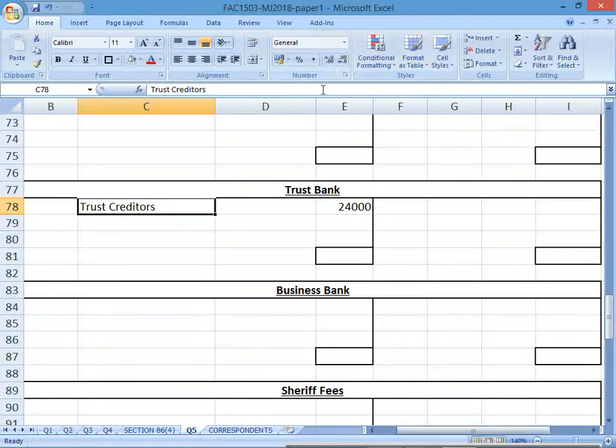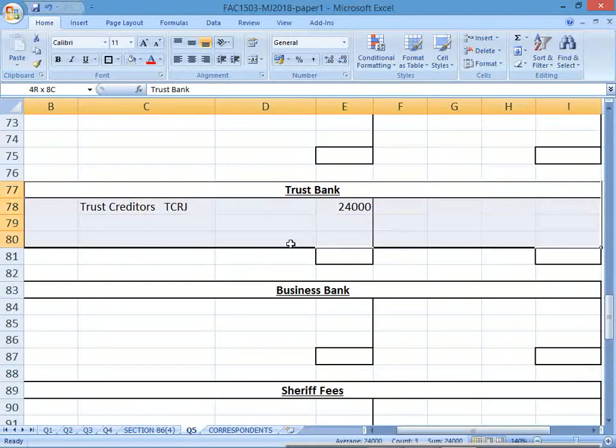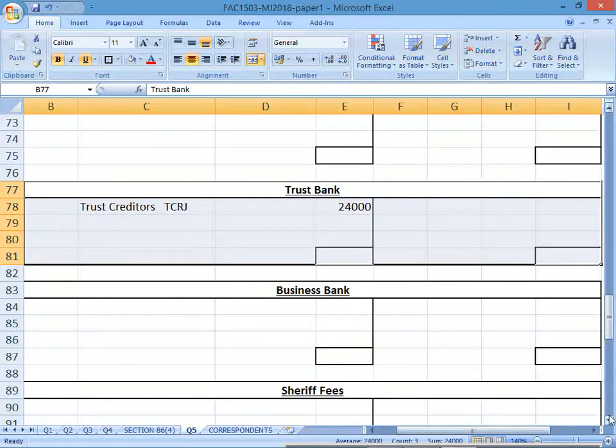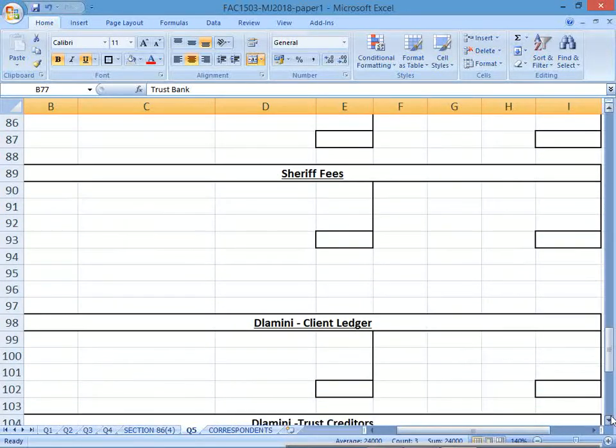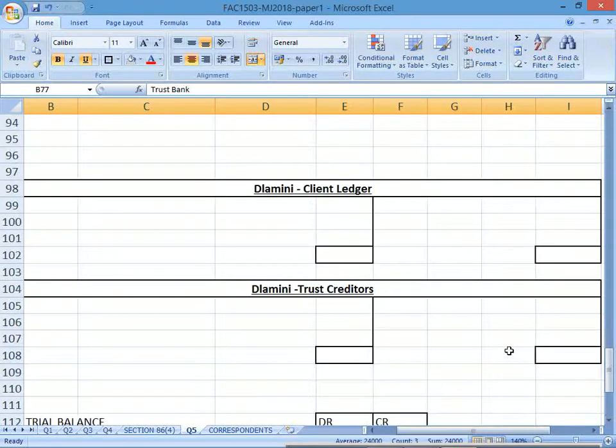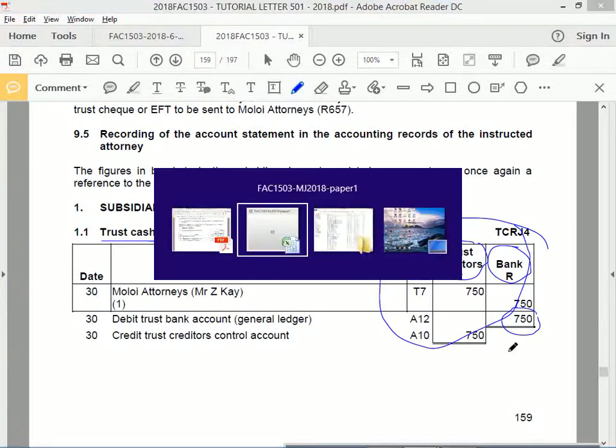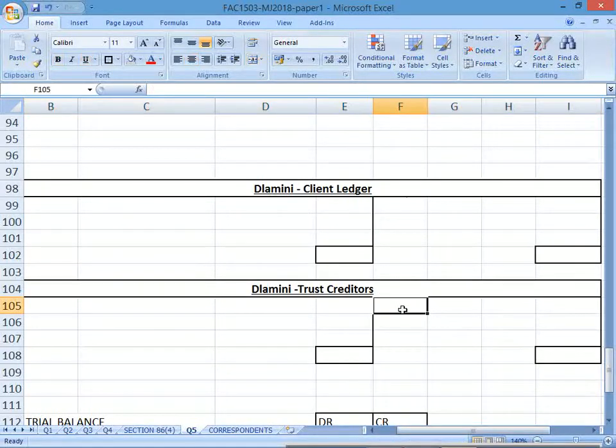Then let's also record the other half. This account is also going to affect the trust creditors with 24,000. That will be a credit. Was this from Glamini? Yes, it was. Glamini trust creditors.